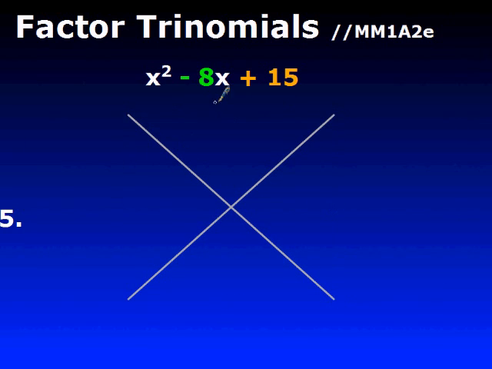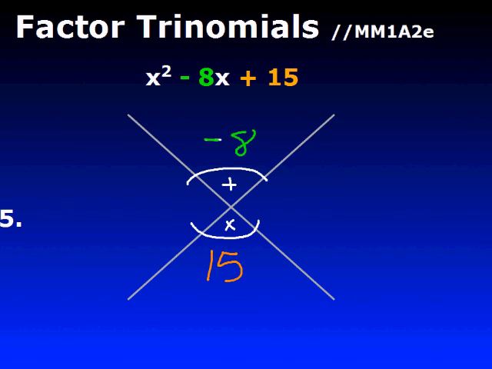Begin with the negative 8 up here, negative 8, and at the bottom, 15. Okay, one final time, we need numbers that add to be negative 8 and multiply to be 15.